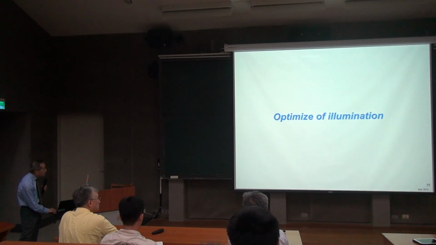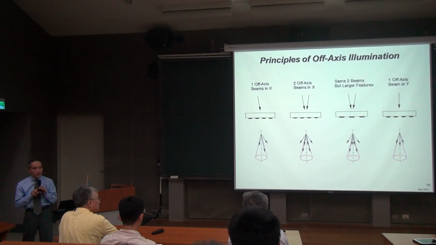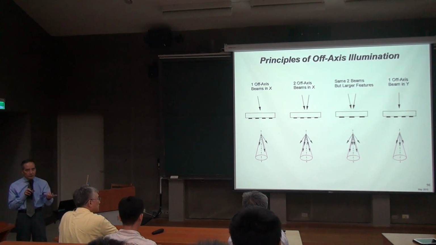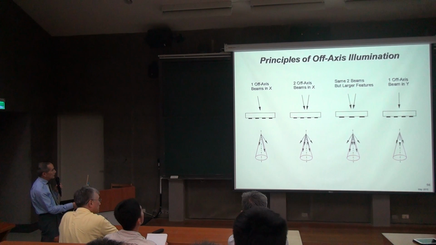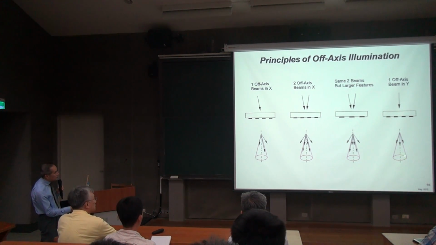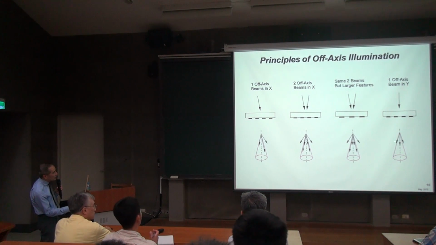Okay, optic illumination. You can do the frequency doubling trick also with your illumination. Here, let's say you don't have any angle. The light goes through there and gets split into a first order beam and a zero order beam. And if this lens is not big enough, it will not resolve this light. It will kick it out.